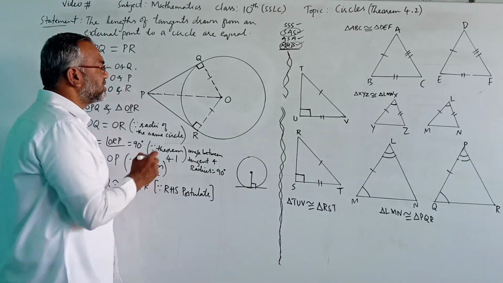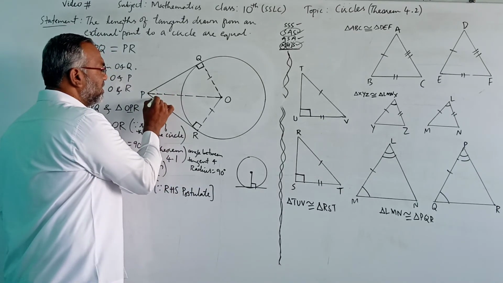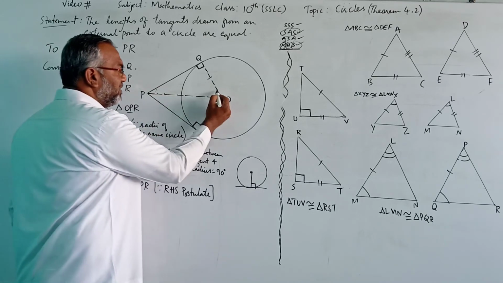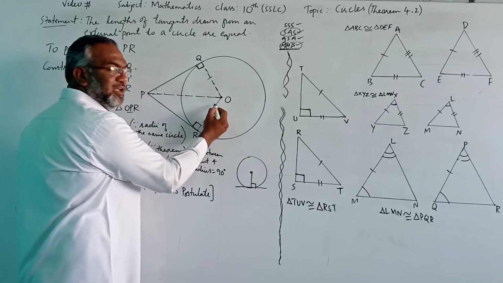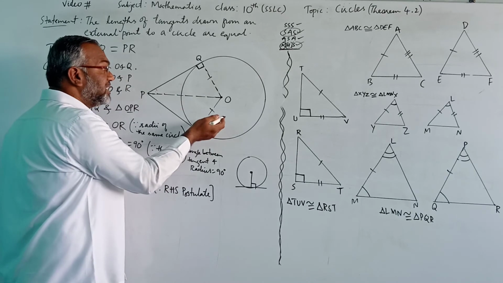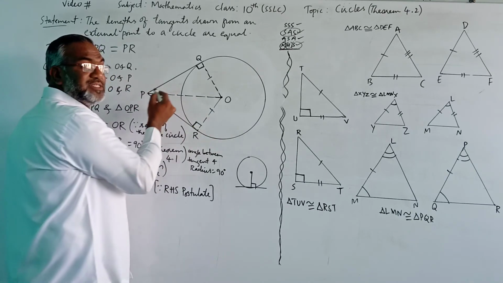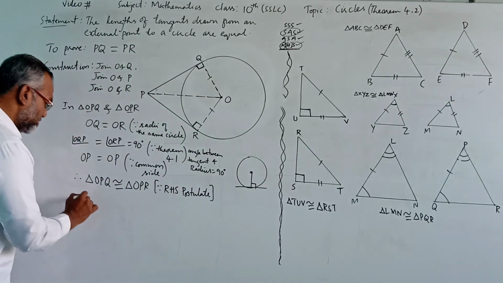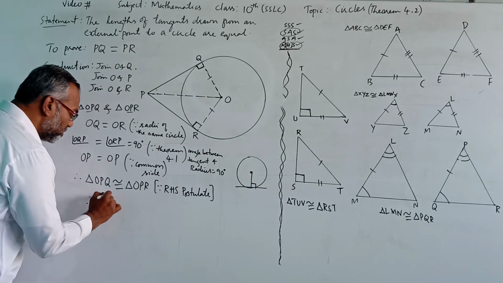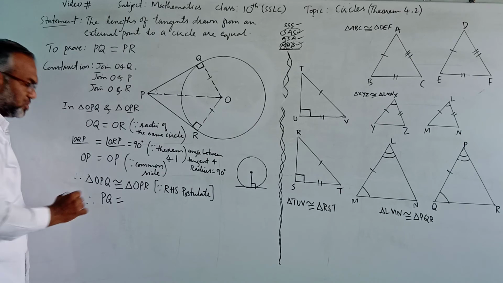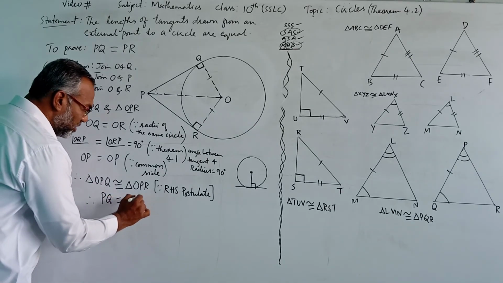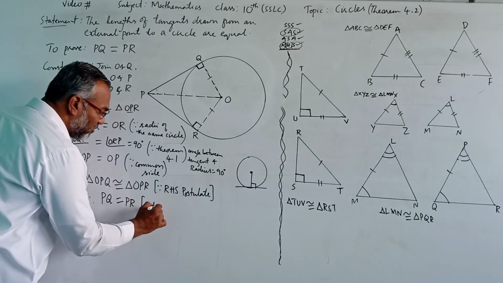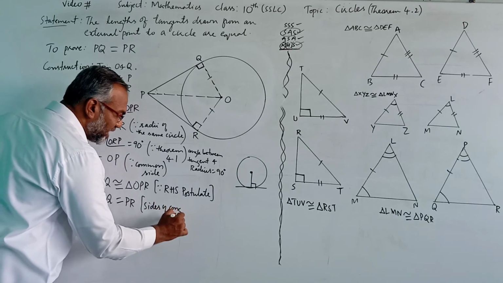The remaining angles must be equal, like the angle here and the angle here. And the remaining sides must be equal. So which are the remaining sides? PQ and PR. Therefore PQ must be equal to PR because they are the sides of congruent triangles.